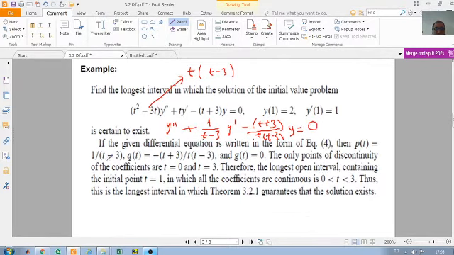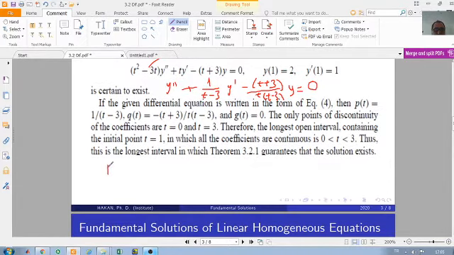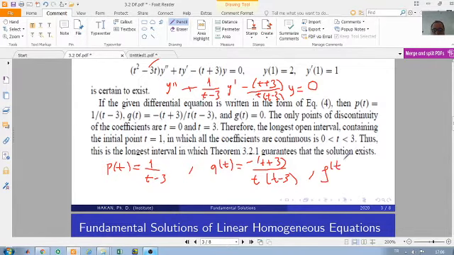You see, p of t is 1 over t minus 3, and q of t, the coefficient of y, is equal to t plus 3 over t times t minus 3, and g of t is equal to 0. This is a constant function.